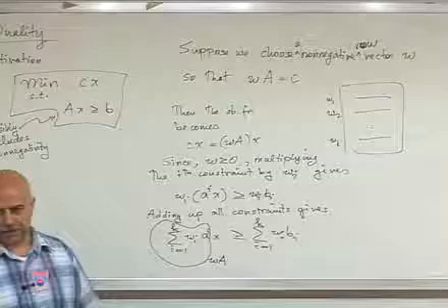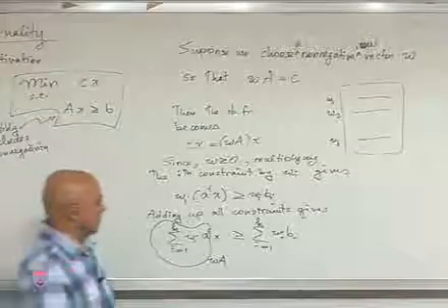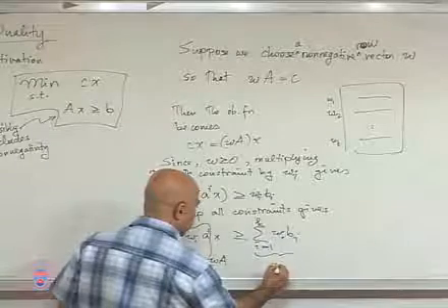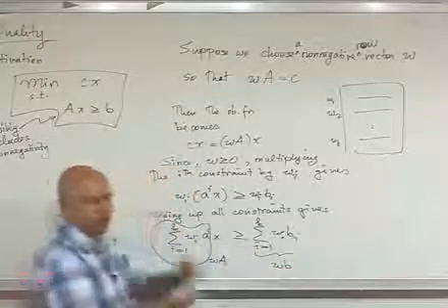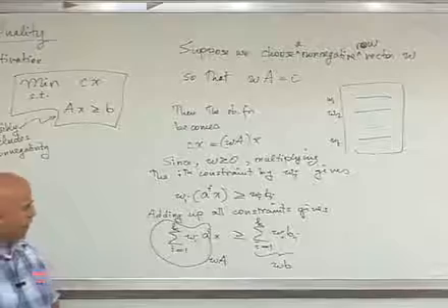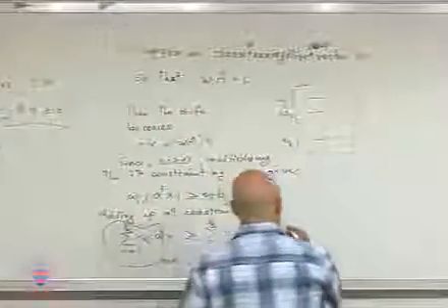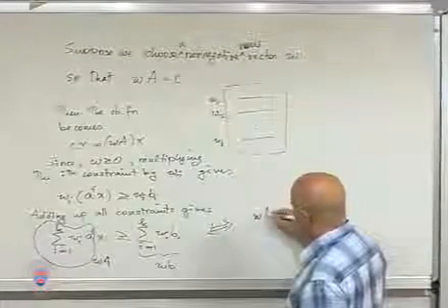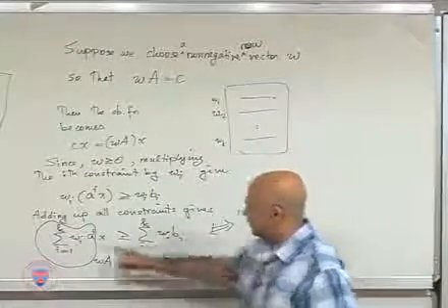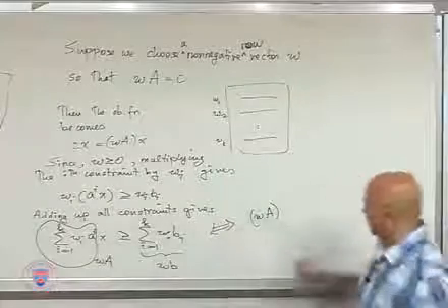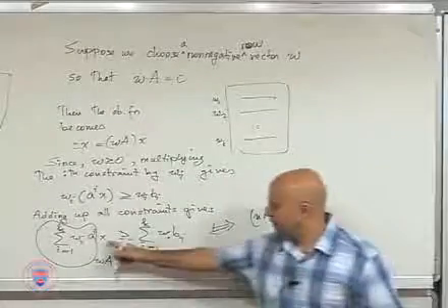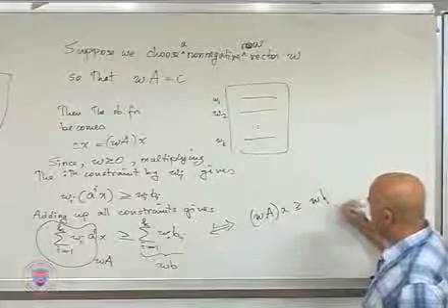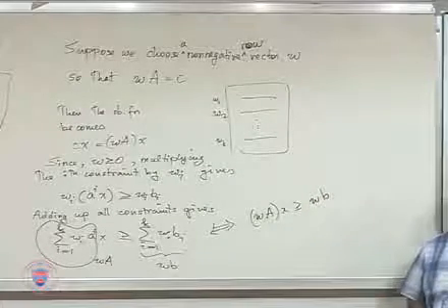Over here, you've got the row vector W times the column vector B. So this is simply telling you that your WA, which is your new cost vector, times x is greater than or equal to WB. That's what it is telling you.